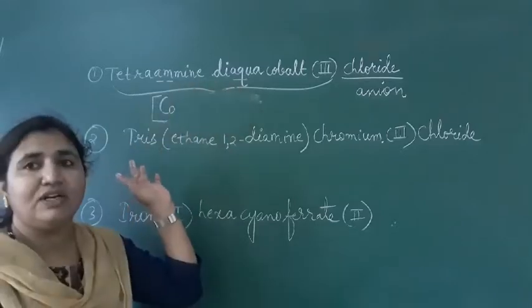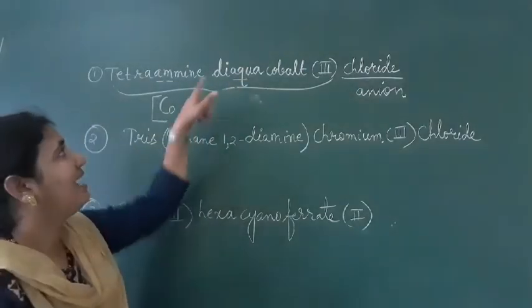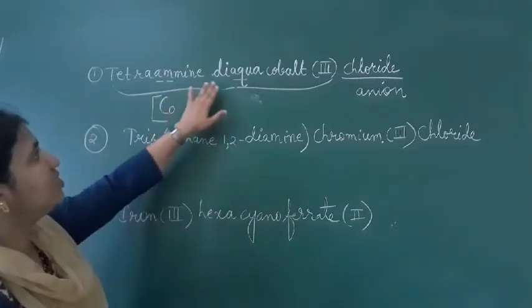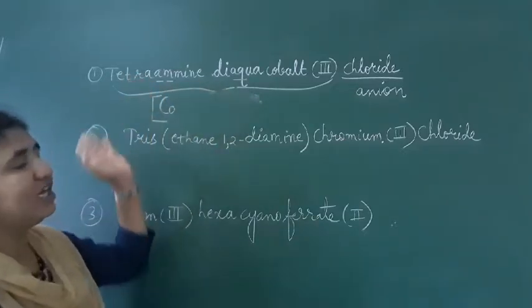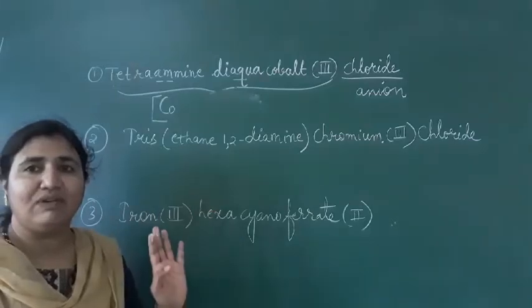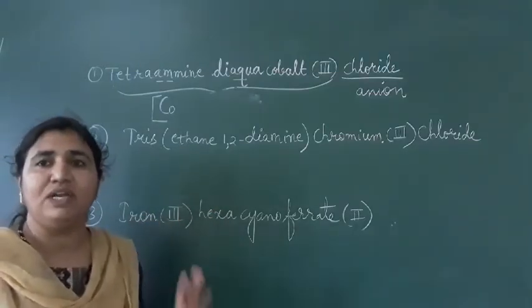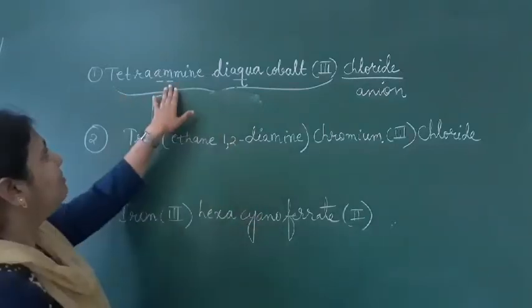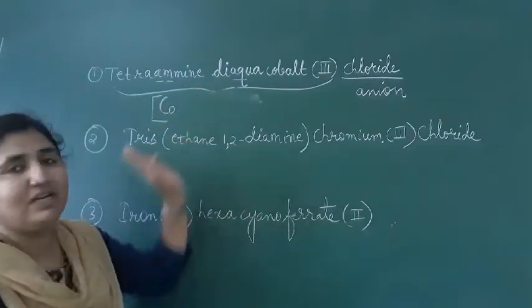So in alphabetical order, amine will come first and aqua will come second. Don't look at the charge, whether negative or positive. Only the alphabetical order of ligands we have to see. So amine will come first and then aqua.